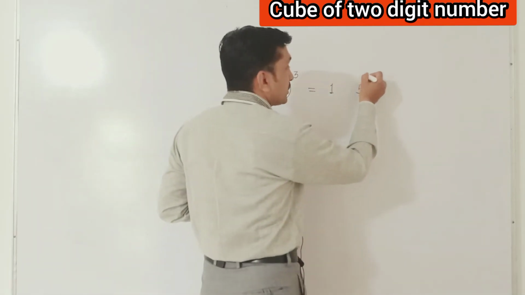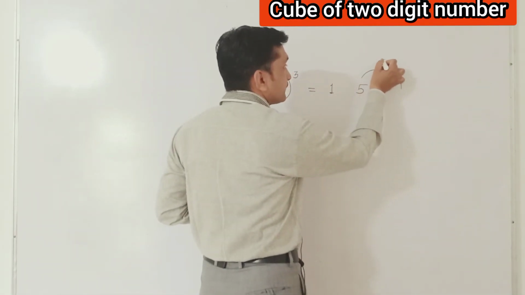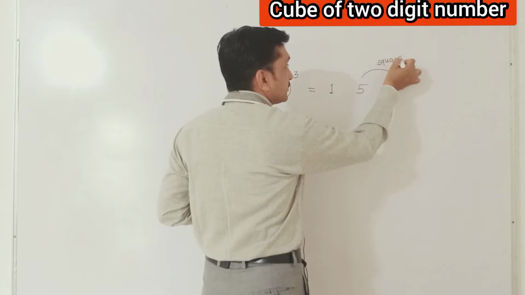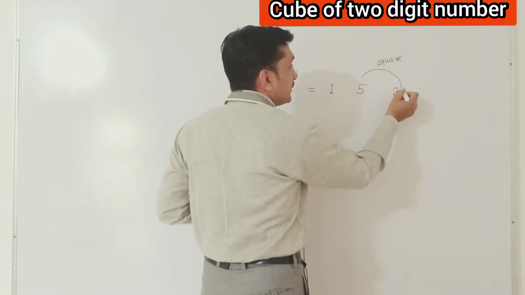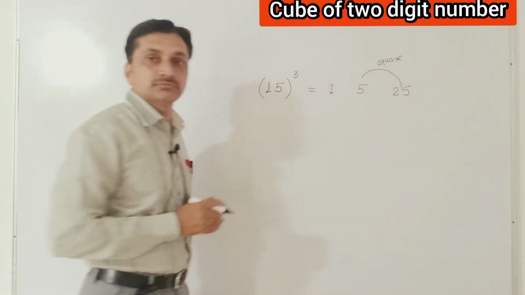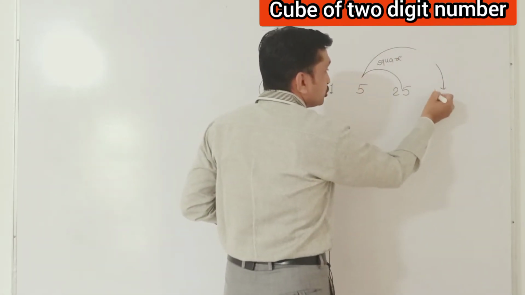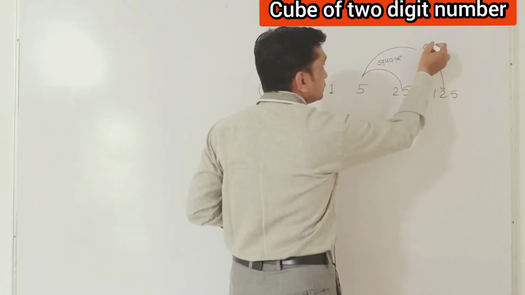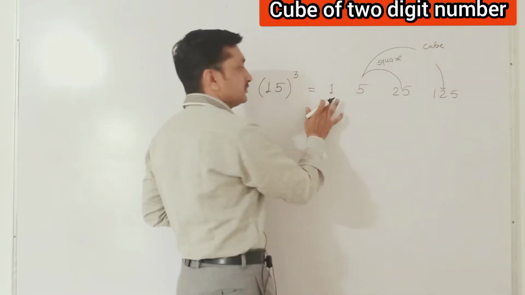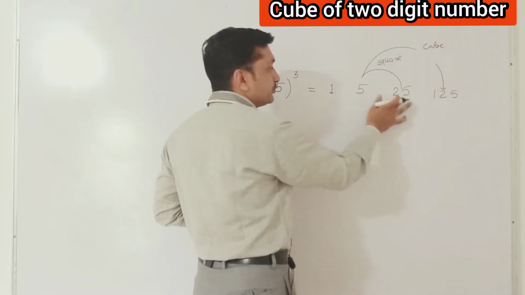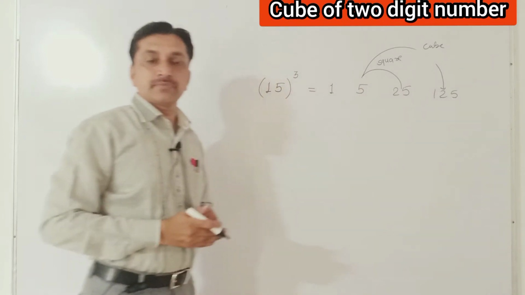After that you write the square of this number, 5 5s are 25. After that write the cube of this, and the cube is 125.